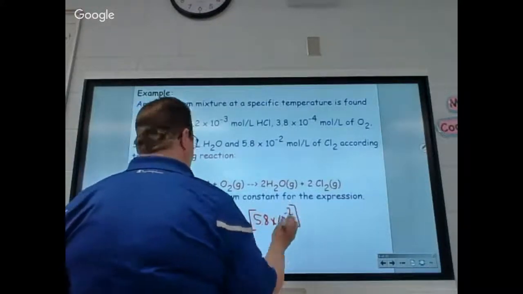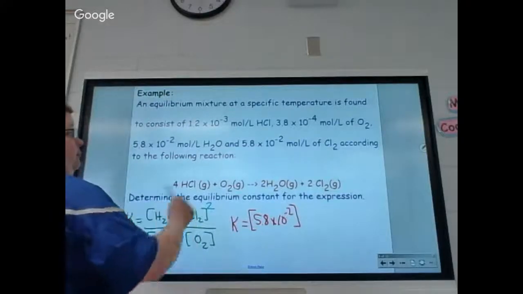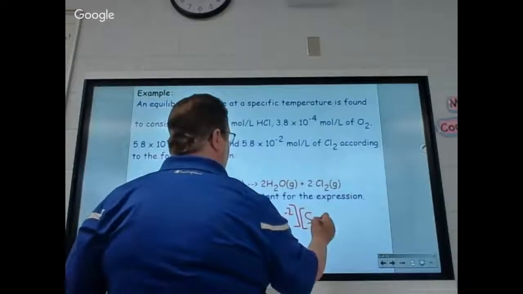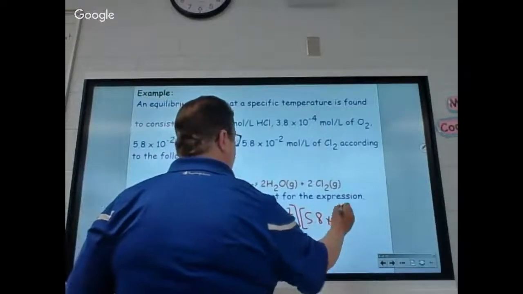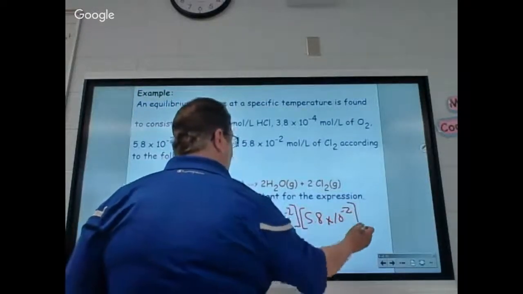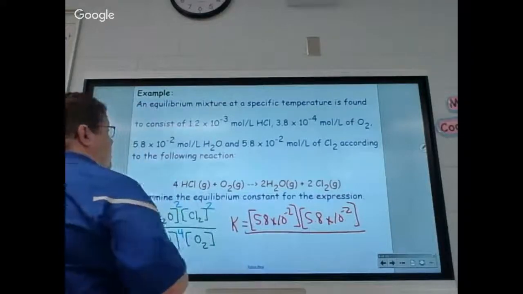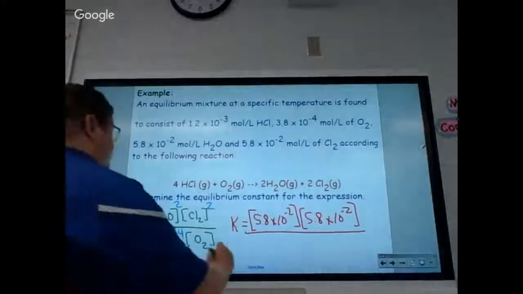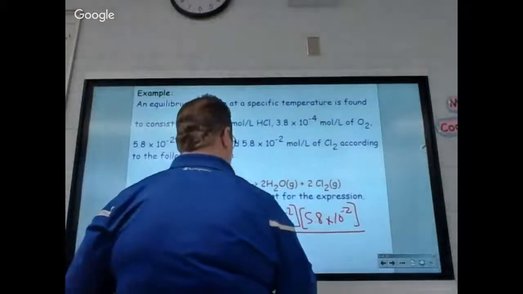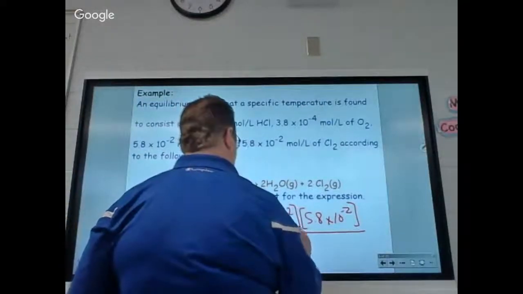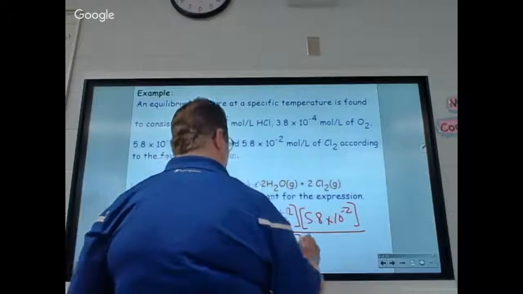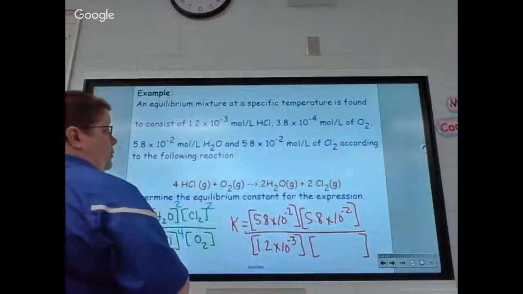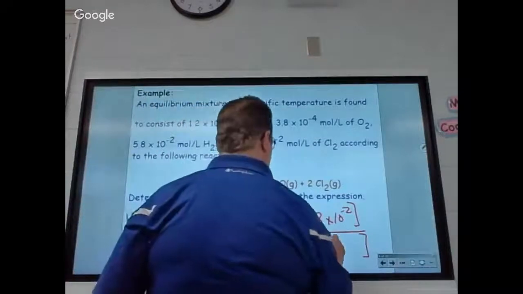All right, what number is Cl2? 5.8 times 10 to the negative second. Over, what number is HCl? 1.2 times 10 to the negative third. All right. What number is O2? 3.8 times 10 to the negative fourth.